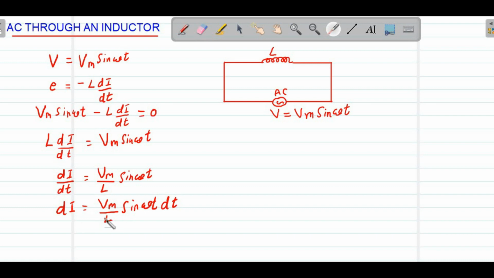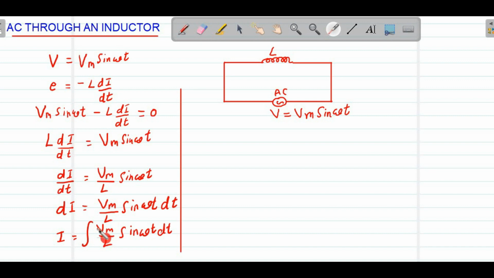Now if you want to get the expression for current in the circuit, we can integrate this equation. When we integrate this equation, we will get the current. The current I is equal to the integral of Vm by L into sin omega t dt. When I integrate this equation, Vm by L is a constant.